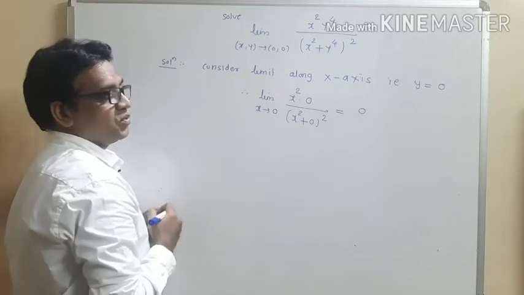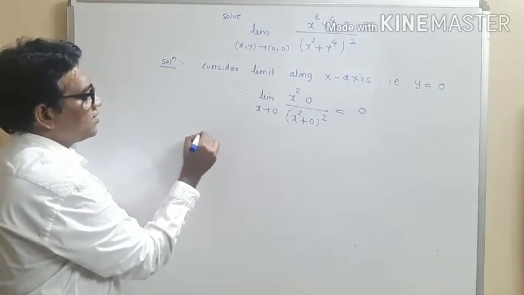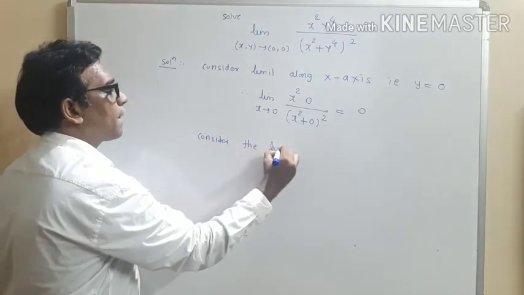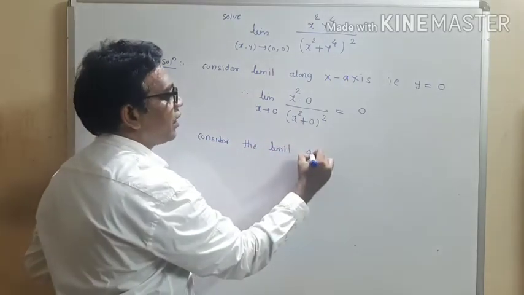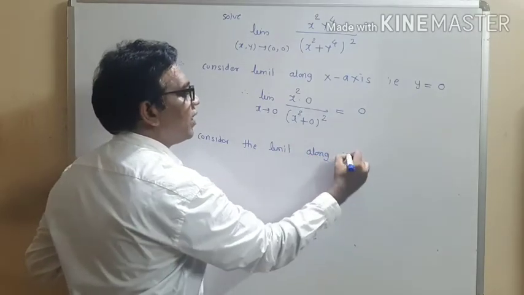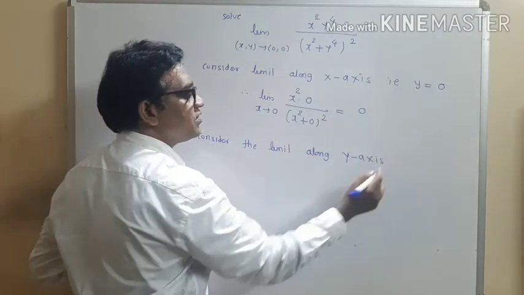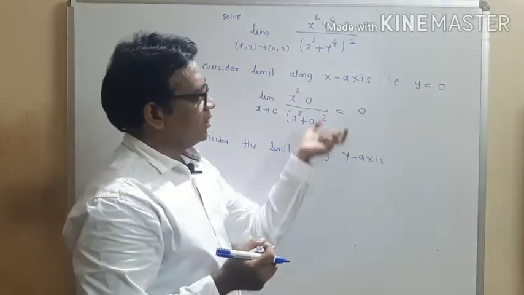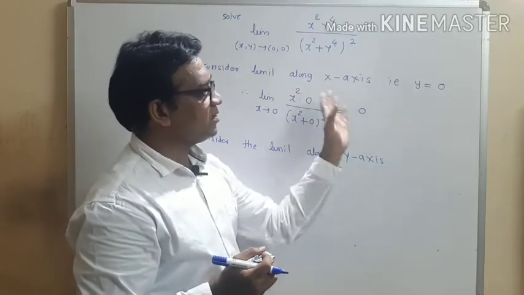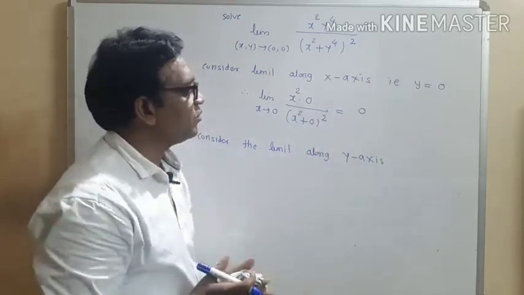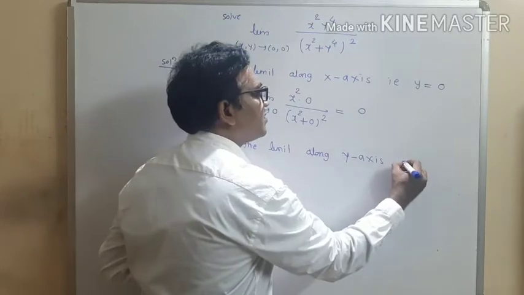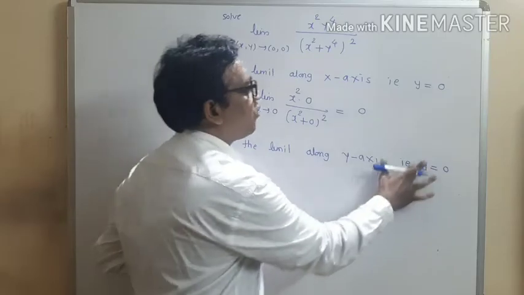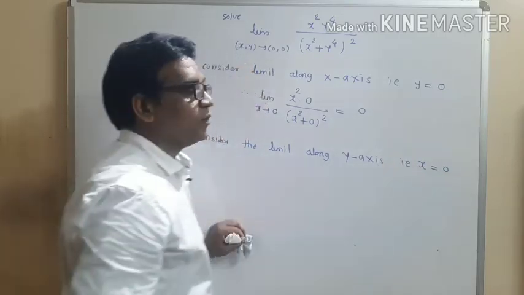Now consider next root. So write down, consider the limit along, now let us take again some simple equation, y-axis. You can use any equation. This is just simple equation, x-axis and y-axis. It is the simple equation, y equal to 0 and x equal to 0. So equation of y-axis is x equal to 0.